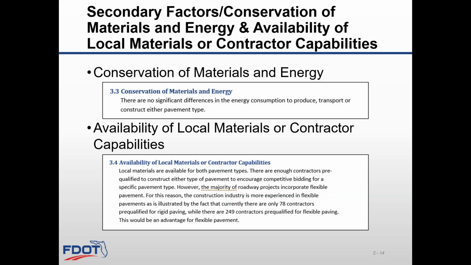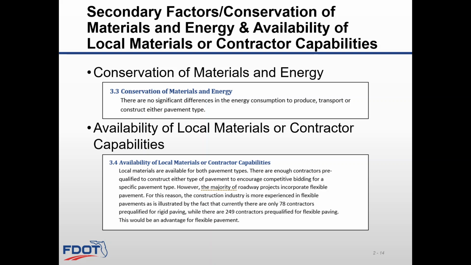Another secondary factor to consider is the conservation of materials and energy. The pavement type selection could be influenced by a pavement that contains less of a scarce critical material, or the type whose material production, transportation, and placement requires less energy consumption.